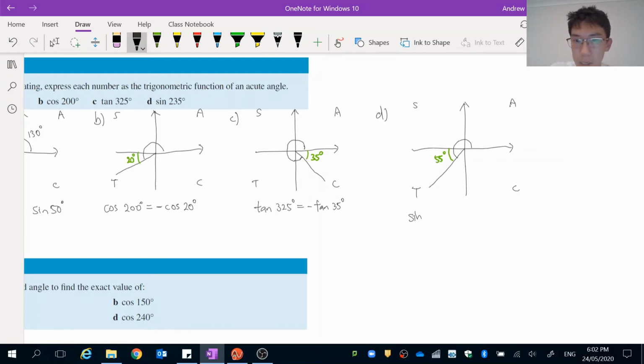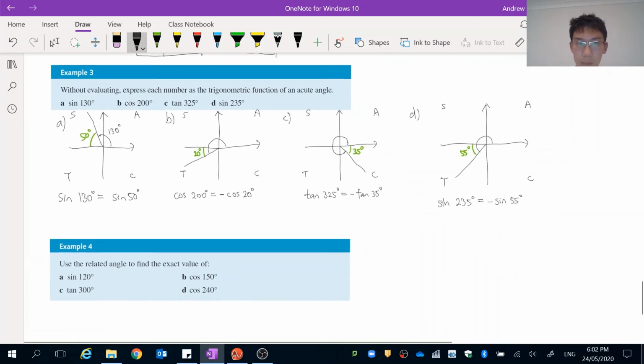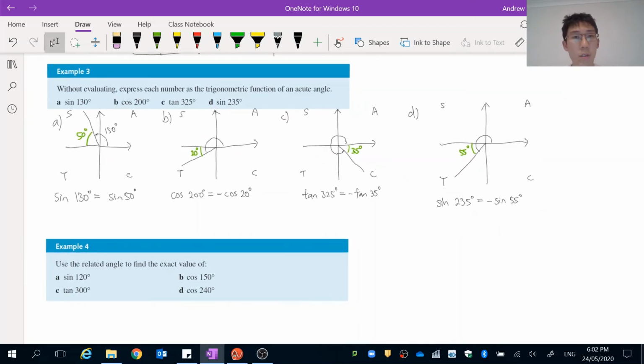Now that means that sine 235 has the same value as sine 55, except it'll be negative because we're in the T quadrant. So you understand that concept. Trigonometric functions will start getting a lot easier for you.